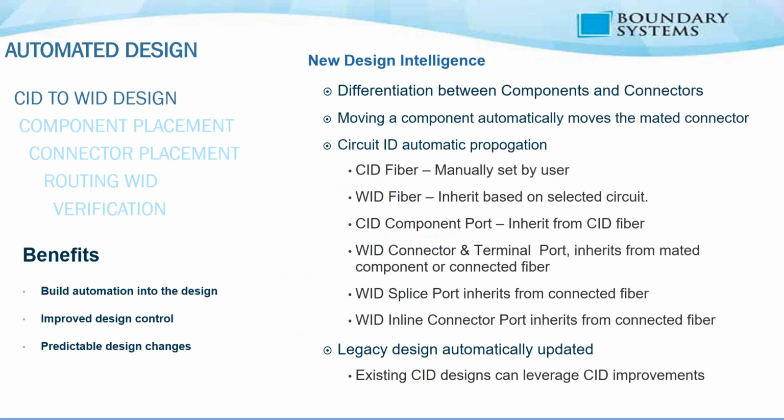And once you try to place that in the wiring side, it knows what wire to place because of the SID information. So it inherits a lot of that information relative to the fiber, the component port, or the splice, or what have you.